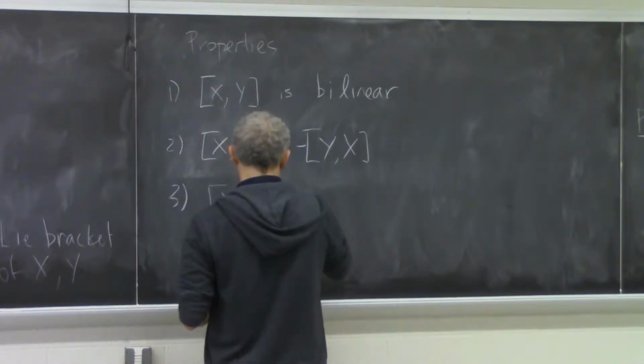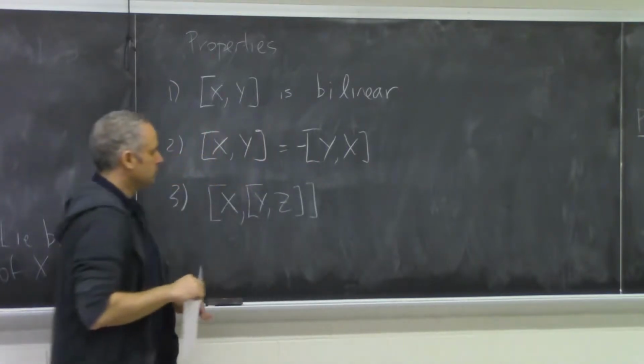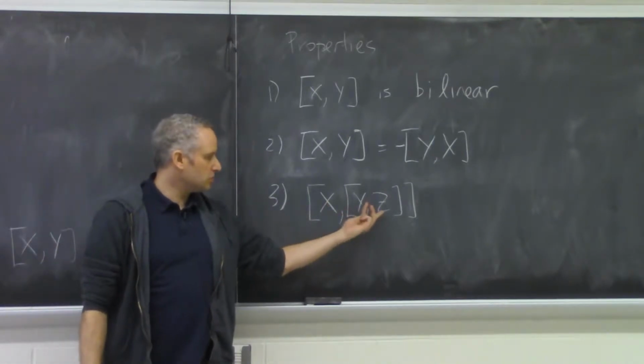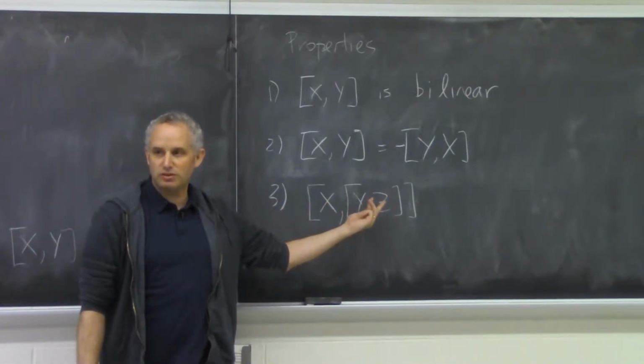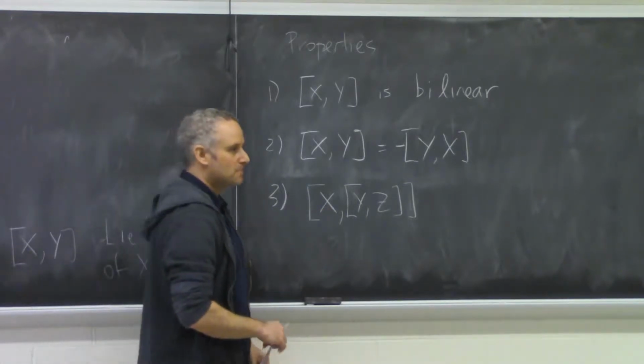So you can view this. So we have three vector fields. We take the Lie bracket of y and z. We get a new vector field, which we can take the bracket of with respect to x. OK?